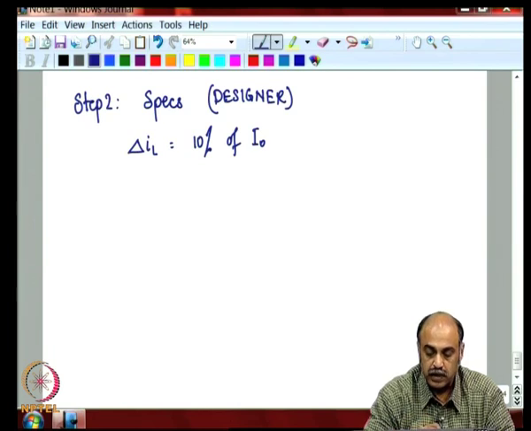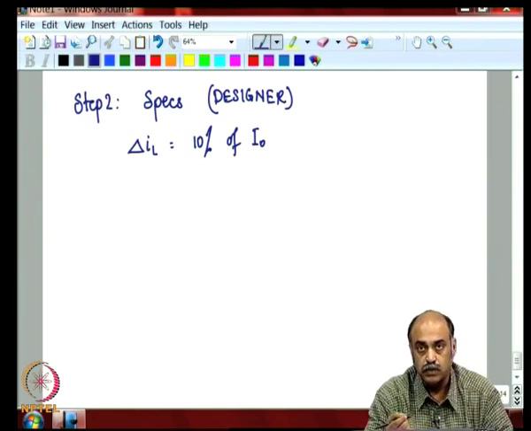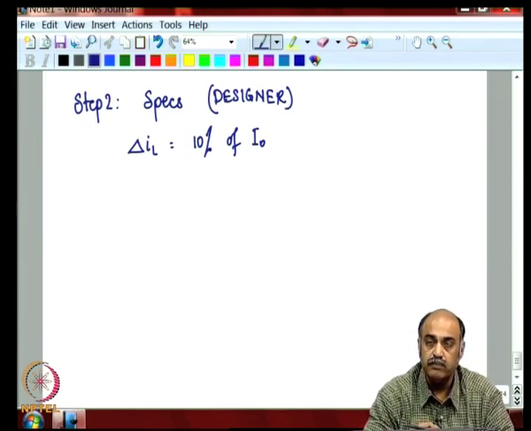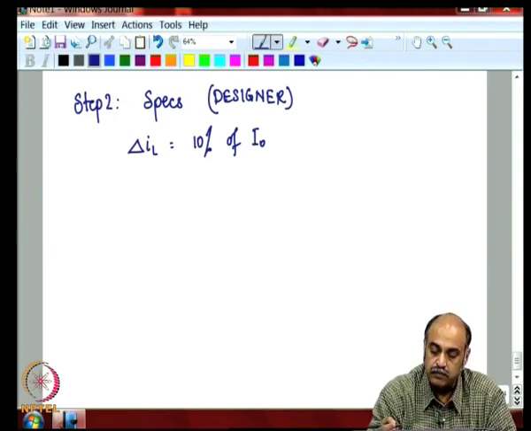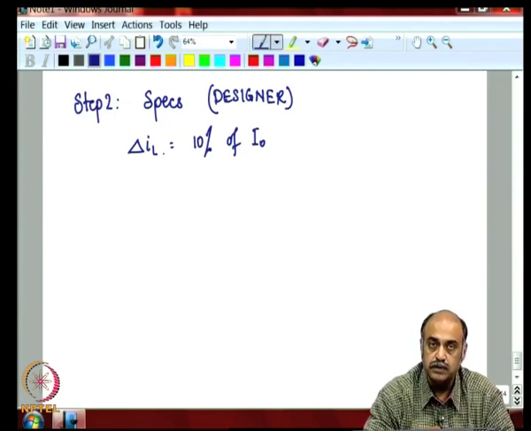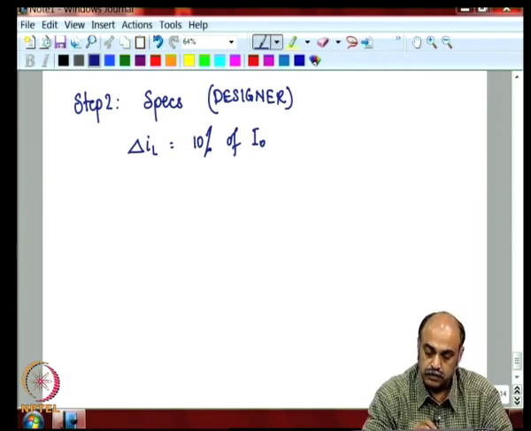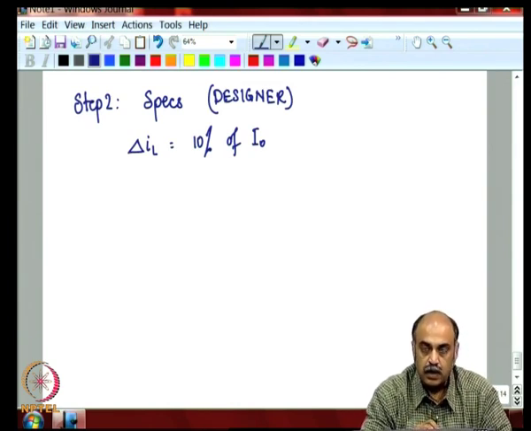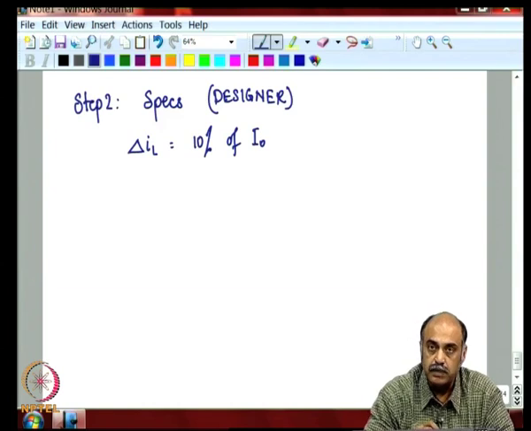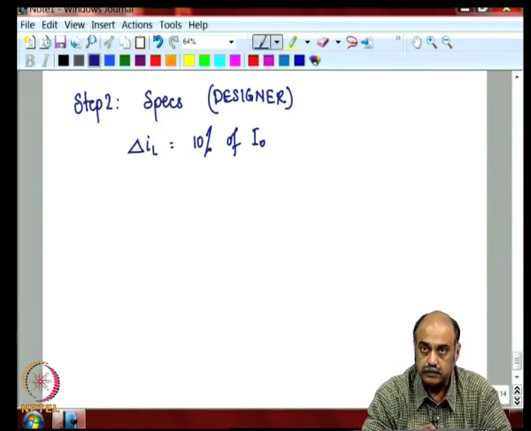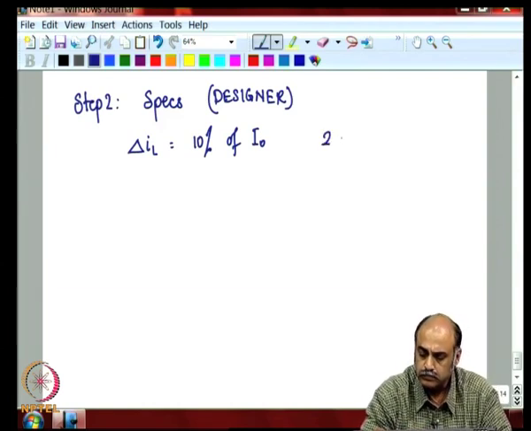It could of course vary. If you know the minimum value of the load that would ever occur on the DC-DC converter, that could also be used as one of the parameters for arriving at the value of delta IL, or if one knows the conduction parameter K, which is 2L by R naught into Ts.